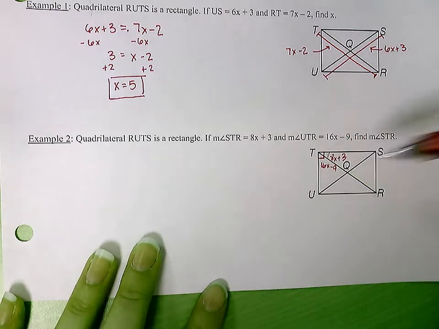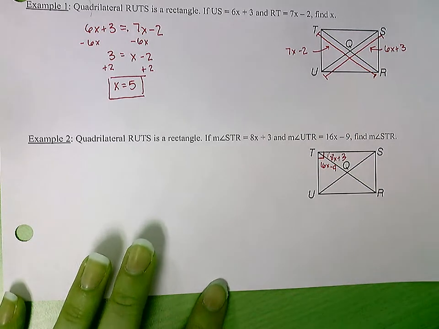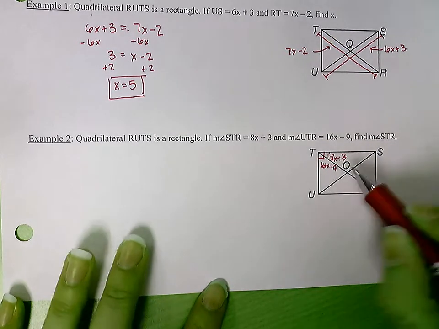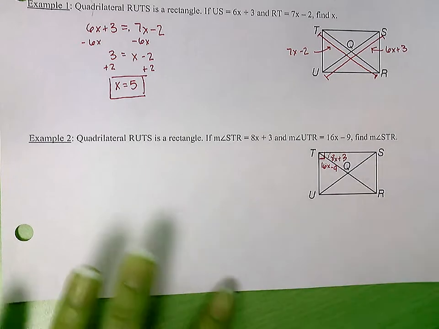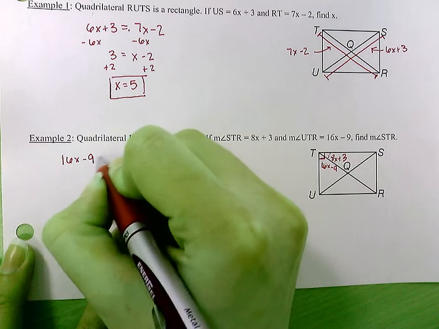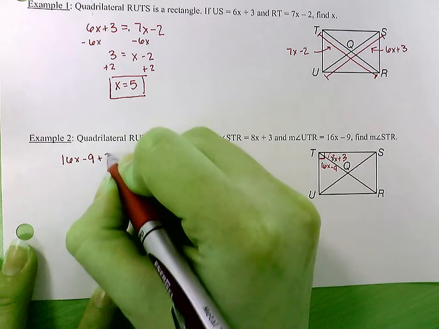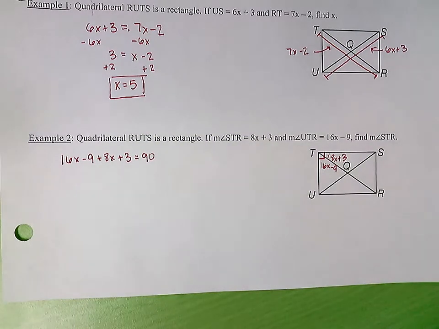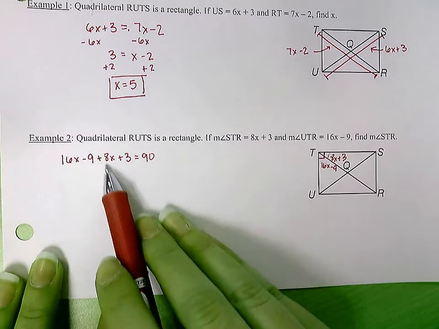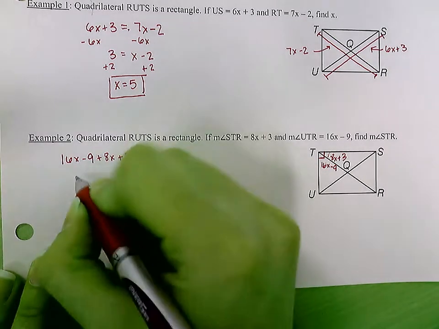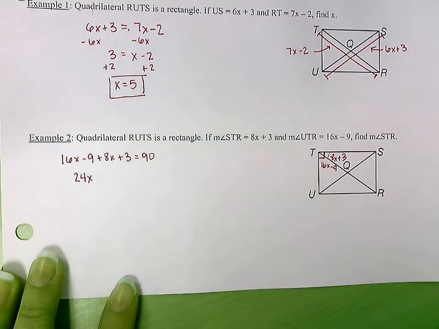So all of our angles in our rectangle are 90 degrees. Since we have the two angles that make up angle T, we can add them together and set them equal to 90. So 16x minus 9 plus 8x plus 3 should equal 90. From here, I can combine like terms. 16 and 8 is 24x.